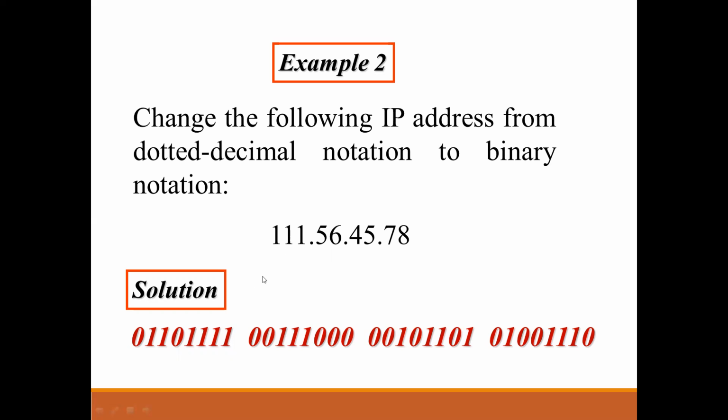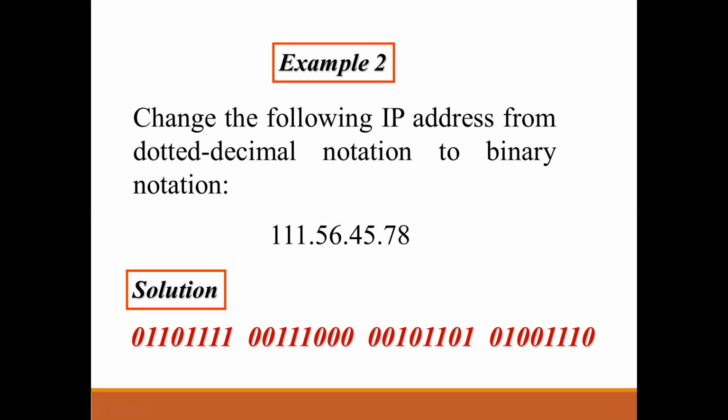As we know, the conversion of a decimal number to binary is done by using repeated division by the radix. For the binary number system the radix is 2, and we have to repeatedly divide this number by 2, and we will get the equivalent binary number.